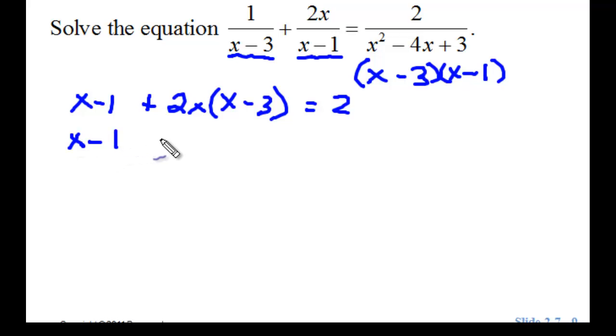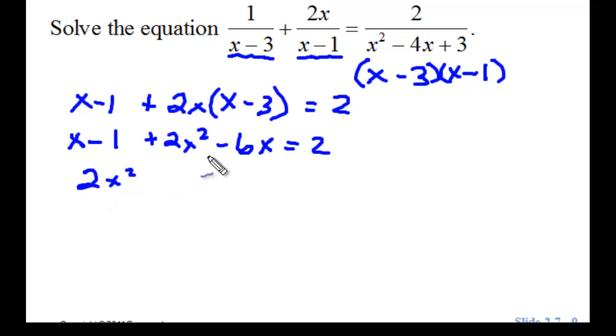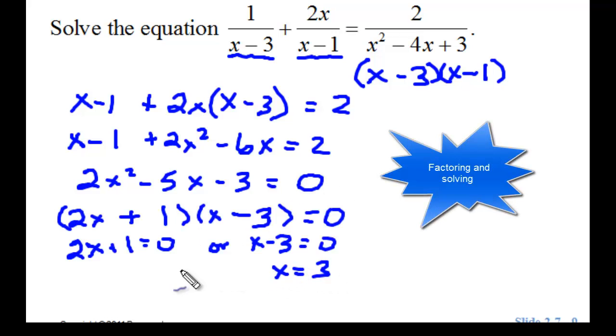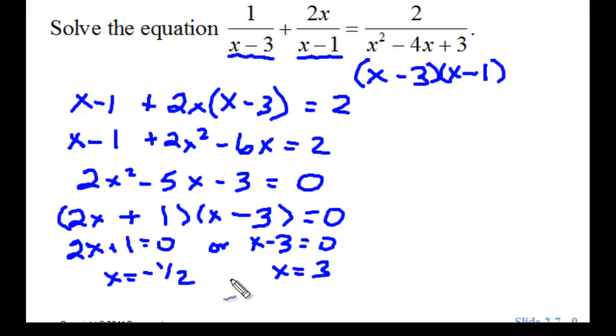Multiplying through, x minus 1 plus 2x squared minus 6x is equal to 2. 2x squared minus 6x plus x is minus 5x. Minus 1 minus 2 is minus 3, is equal to 0. Factoring this, x equals 3 or x equals negative 1/2.